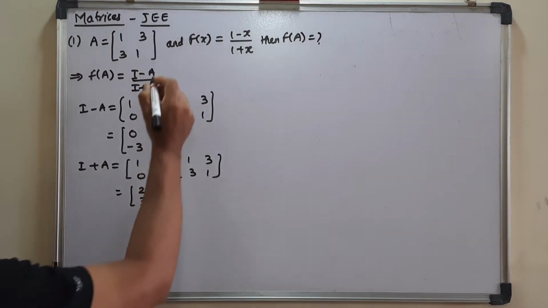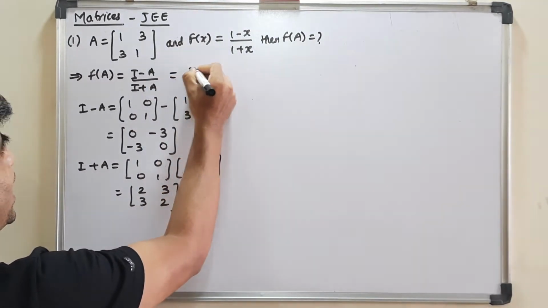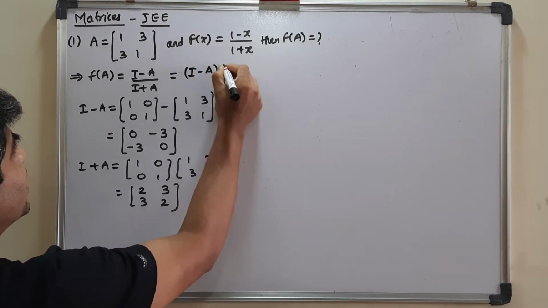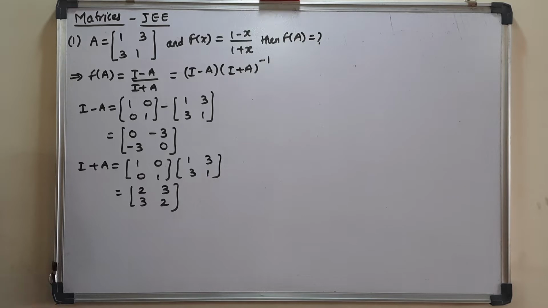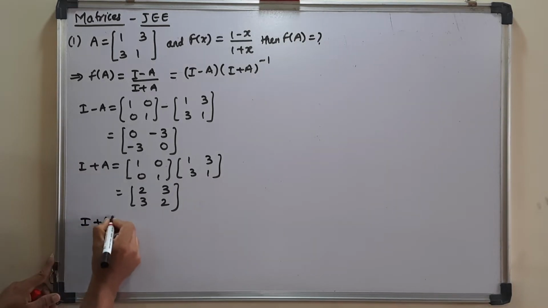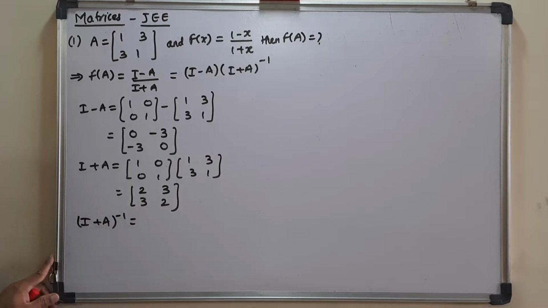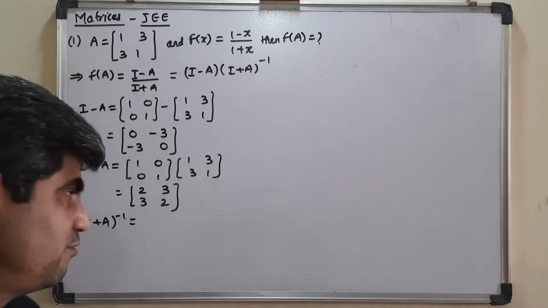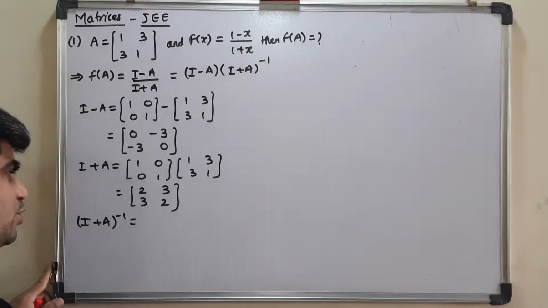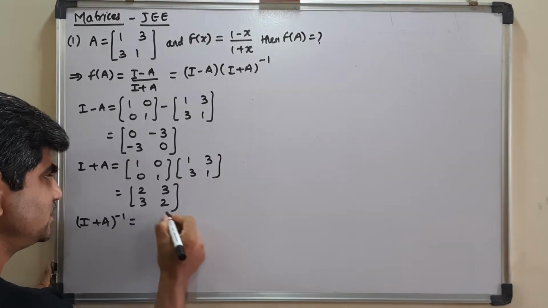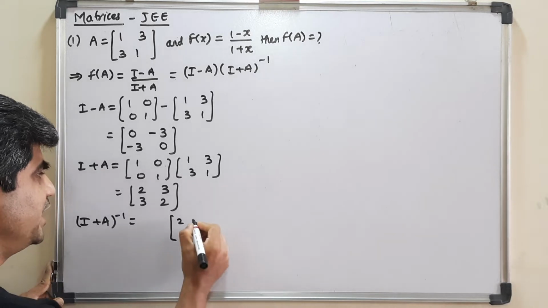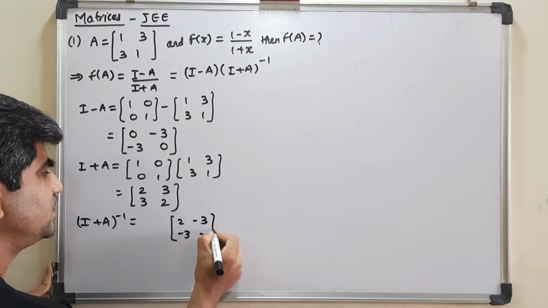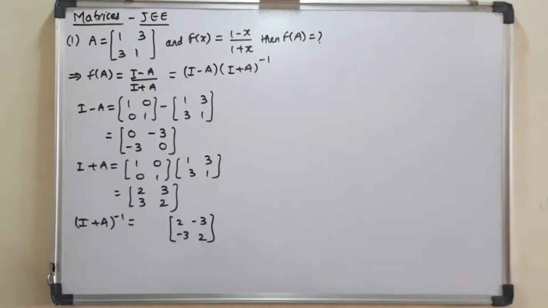This can be written further as I minus A into I plus A inverse. That means I need to find the inverse of I plus A. The inverse of this, which you know very nicely, means no change of the diagonal elements because both are same, and change of sign of the non-diagonal elements.